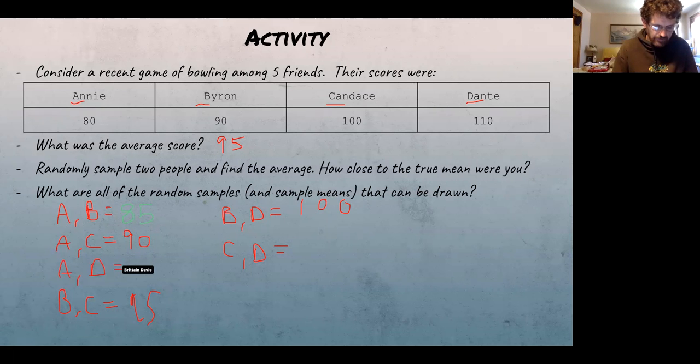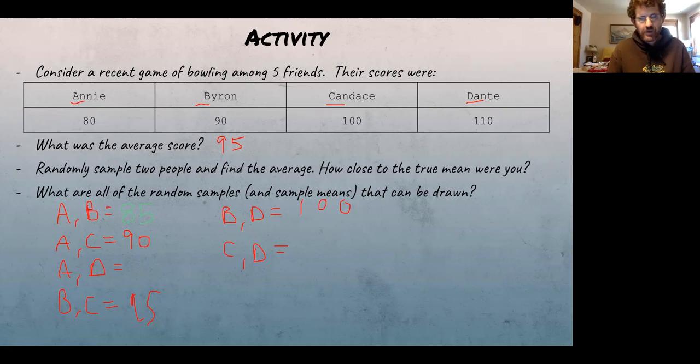So we found all of them. This is another brief aside, but we have 6 possible combinations for a random sample of size 2. I don't want you to think this is a general approach.